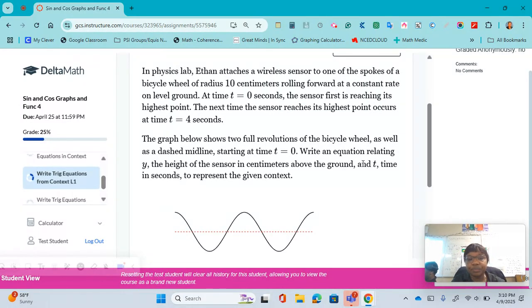Okay, so this is Ethan attaches a wireless sensor to one of the spokes of a bicycle wheel, radius 10, rolling forward at a constant speed. At time t equals 0, it reaches its highest point. So if it reaches its highest point at t equals 0, we're not dealing with a sine, but with a cosine, because it's the maximum. And y equals, if the radius is 10, that's going to be our amplitude.